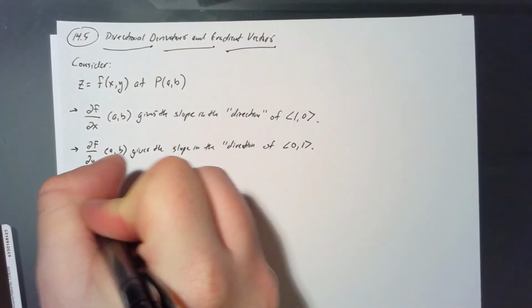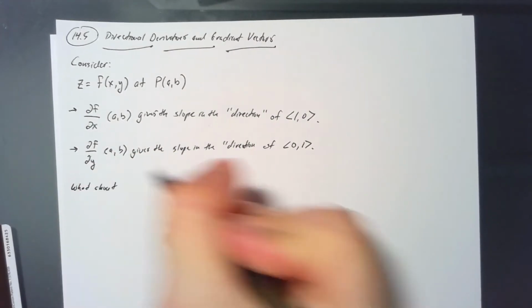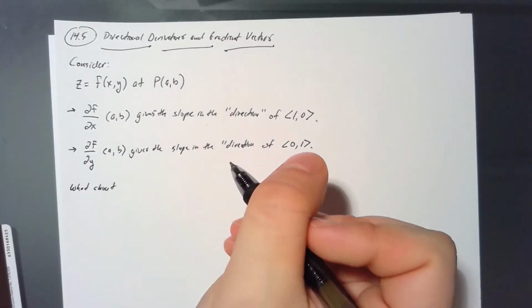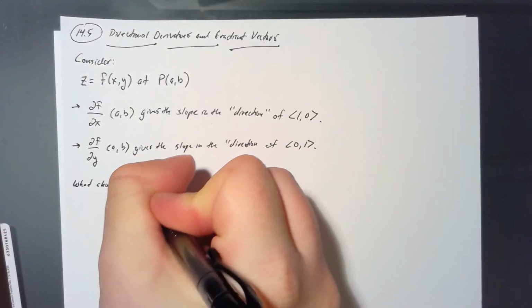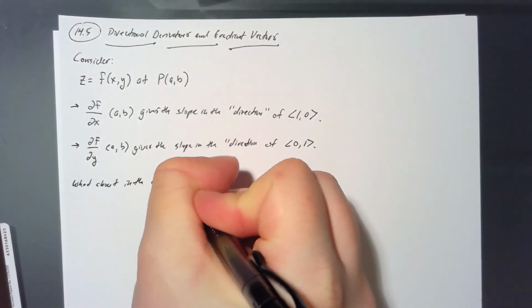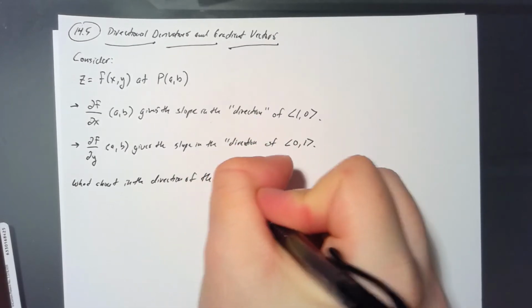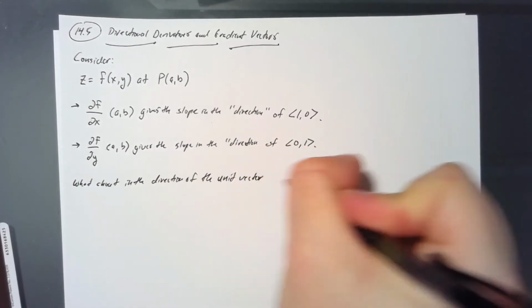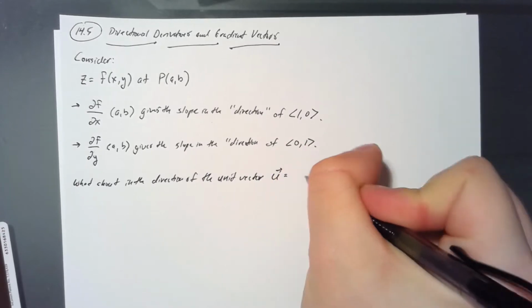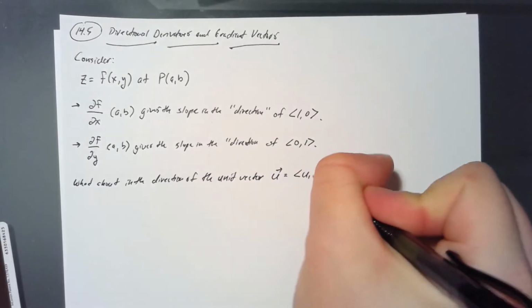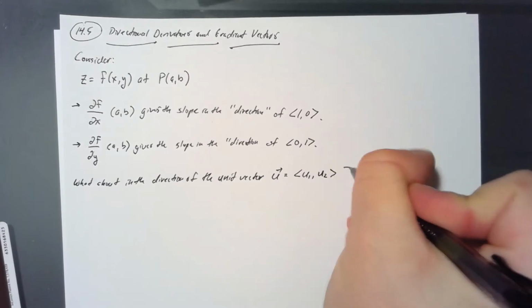So, what about in the direction of some unit vector, which we denote as u sub 1, comma u sub 2?